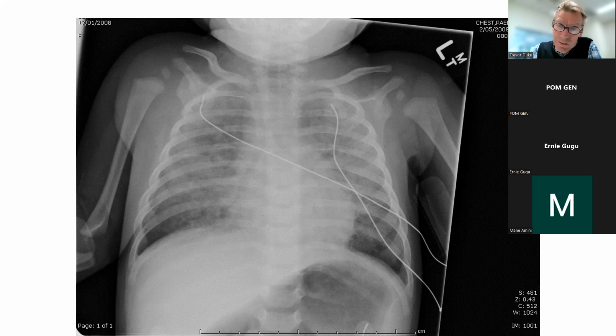There's no one right answer to this. You obviously can't get the bacteriological diagnosis from an X-ray, but you can look at an X-ray and say, well, this is more likely to be these pathogens than if there weren't those changes. So if you look at this X-ray, what pathogens would you start thinking about?